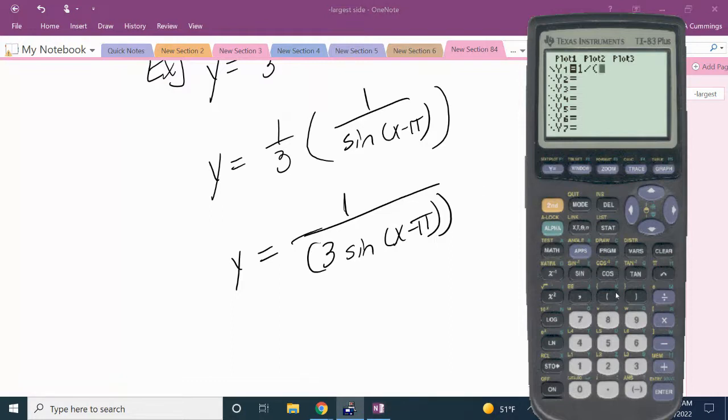So I'm using a begin parenthesis, 3 times the sine, and notice I'm giving another begin parenthesis. I'm going to put in the argument for my sine function, so that's x minus pi. I'm going to close off the argument for sine. I'm going to close off my denominator. And now I'm going to graph.